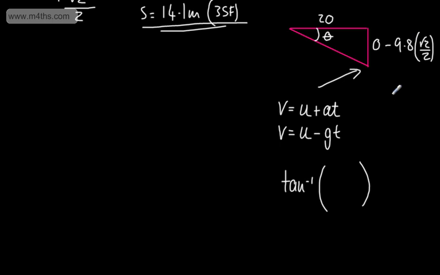So if I do half of 9.8, this is going to be 4.9 root 2 divided by 20. So all I'm doing is the inverse tan of the opposite over the adjacent of a right angle triangle. If I wanted to find the velocity down here, I would simply do this squared plus this squared, square rooted. You might have noticed I've dropped the negative. All we're doing is saying that this angle is going to be below the horizontal.